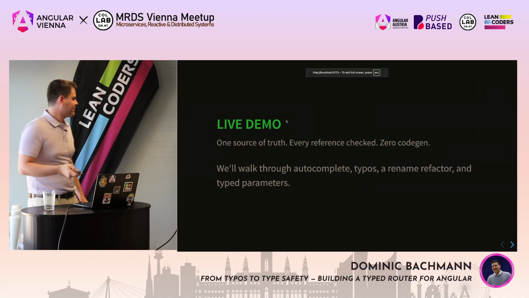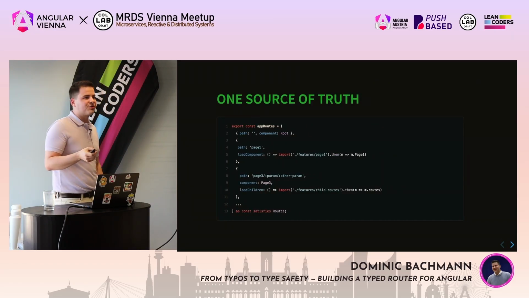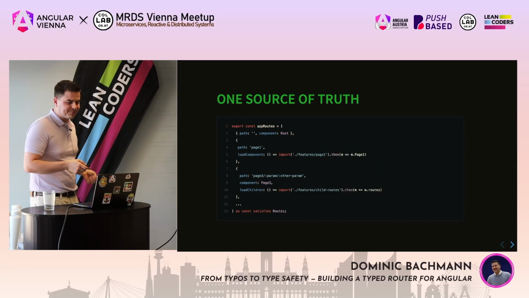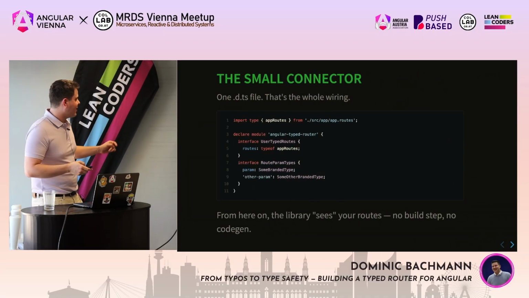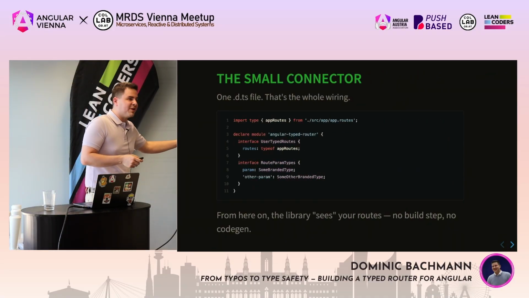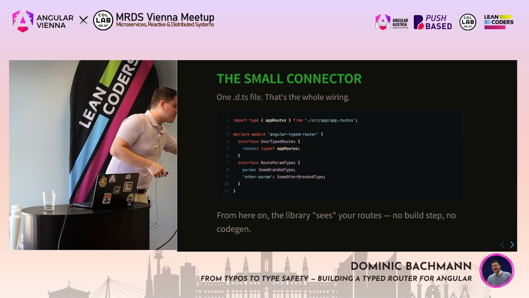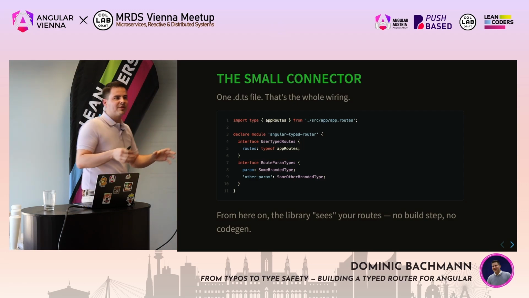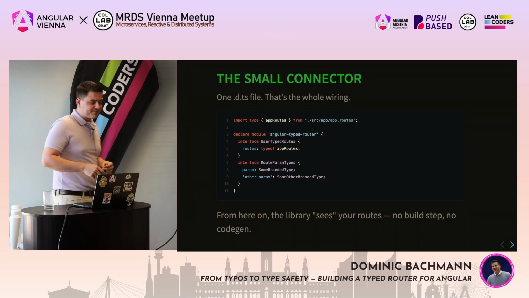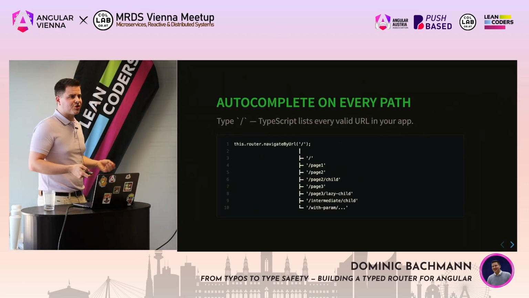Okay, so to wrap up, with the typed router, we now have one source of truth. So we just define our routes. We have the small connector, the definition file, where we just import our types. And if we want, we can also assign special types instead of strings for our parameters so that they are type safe as well. And we get auto-completion on every path.